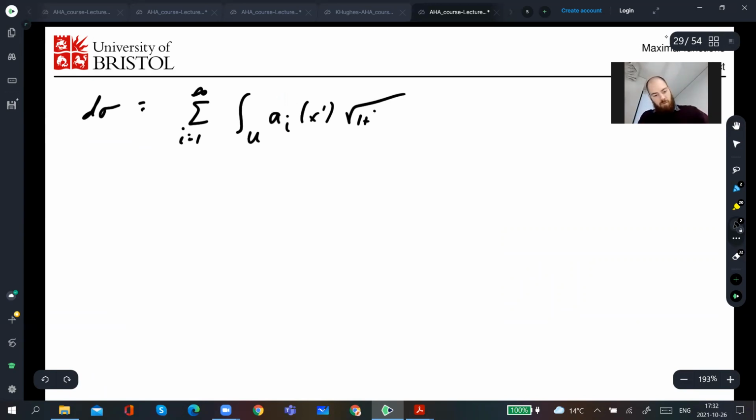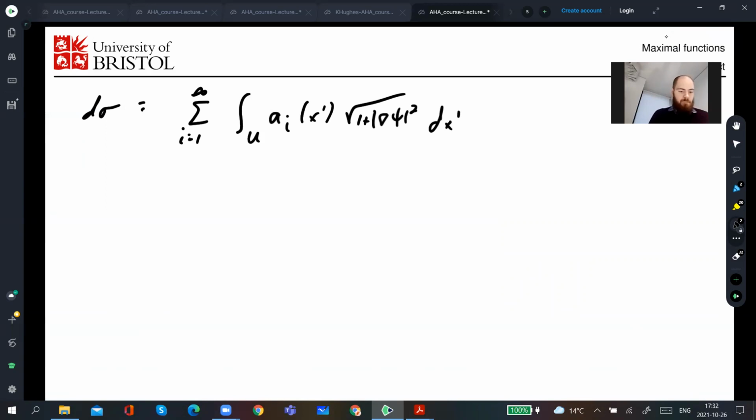And then, yeah, 1 plus gradient psi squared. And that's with, of course, dx prime. So that's the integral over the unit sphere.